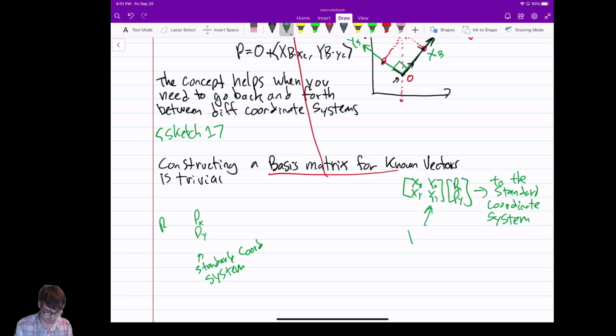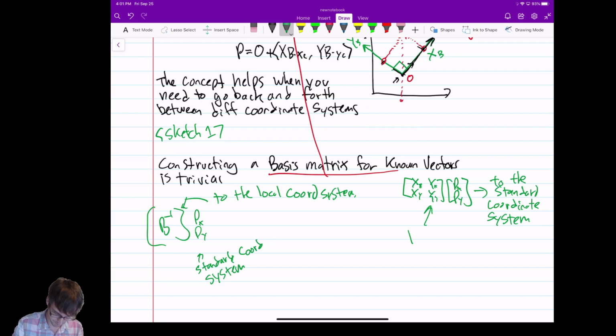So I could go basis invert times that. It'll go in the opposite direction. So it's really, really nice. I just invert that matrix, and now I have a matrix that brings me to the local coordinate system.